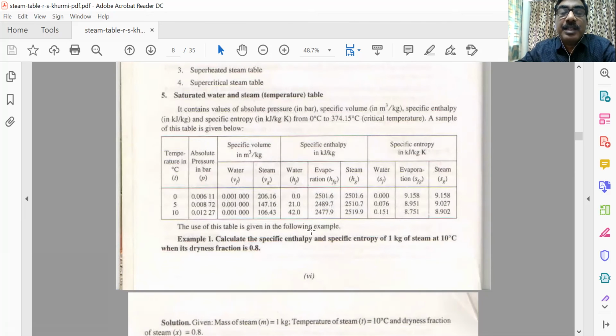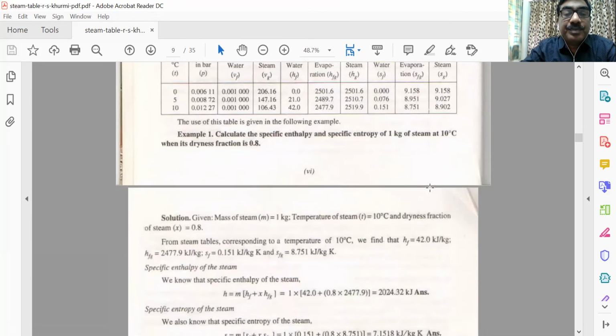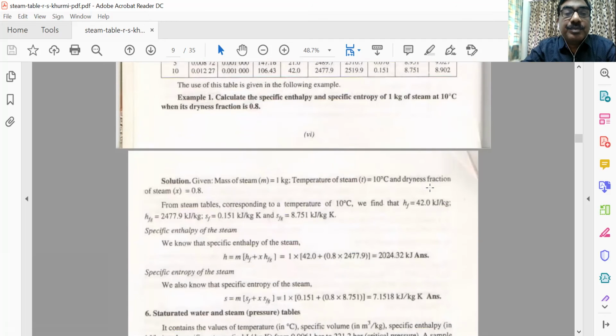So how to calculate the enthalpy of a vapor at a particular state, we'll see. Before that, this is the specific entropy: the entropy of the saturated liquid, and the entropy of saturated gas. Here you can see one example.